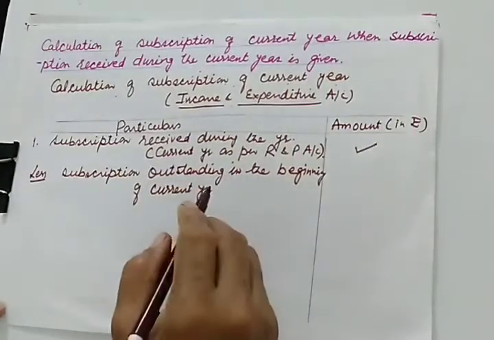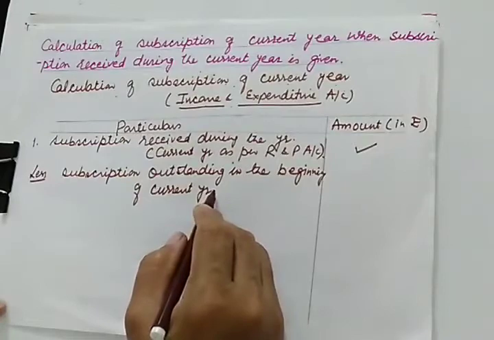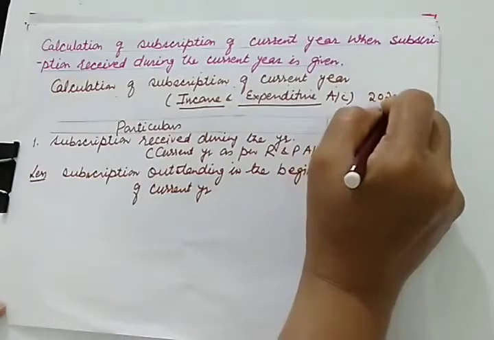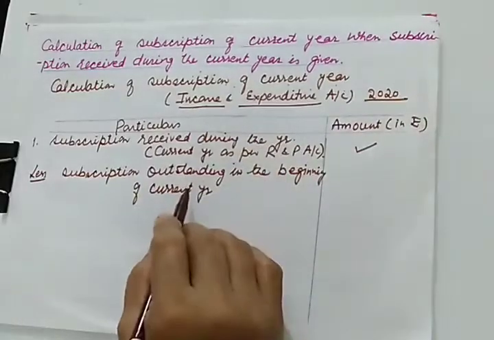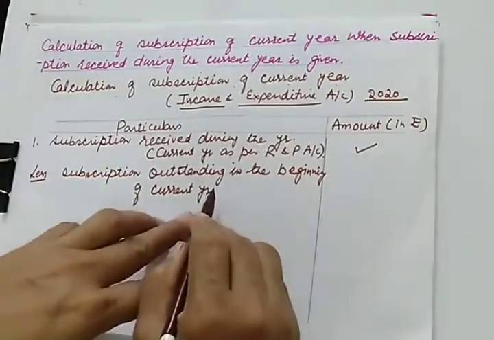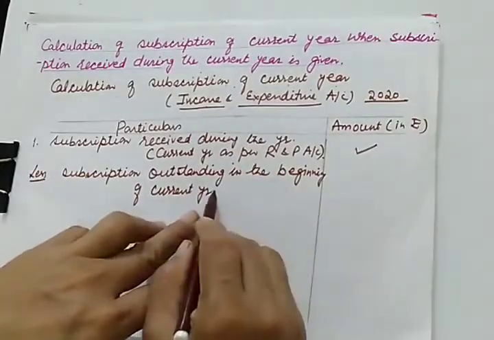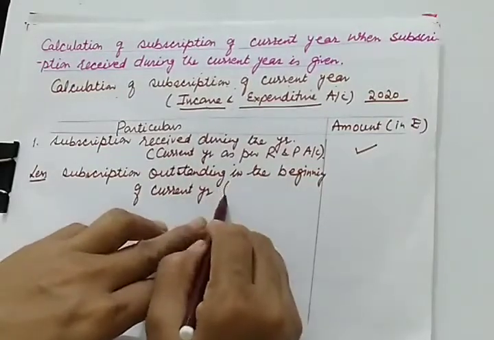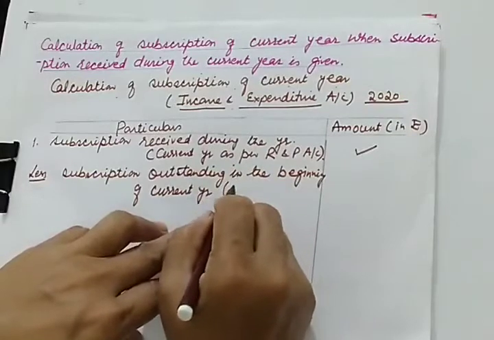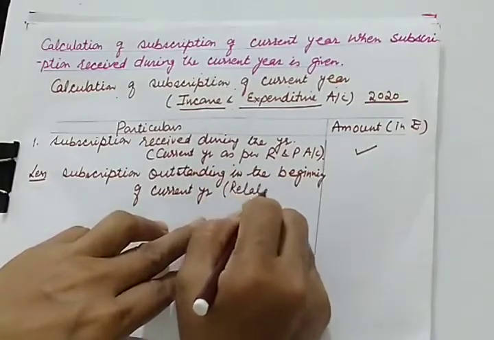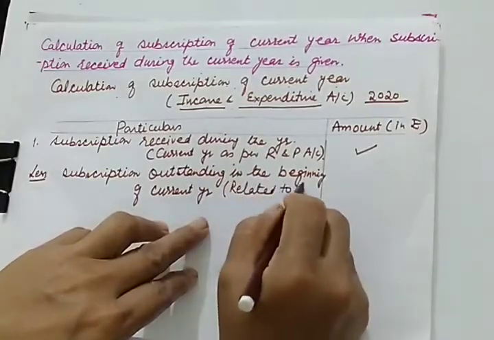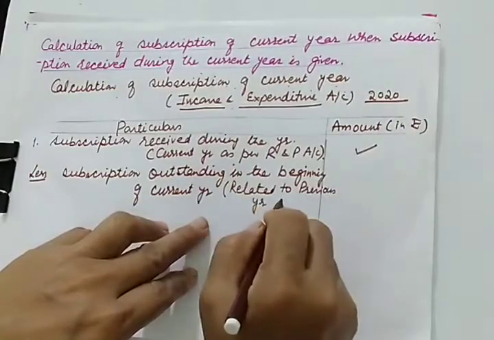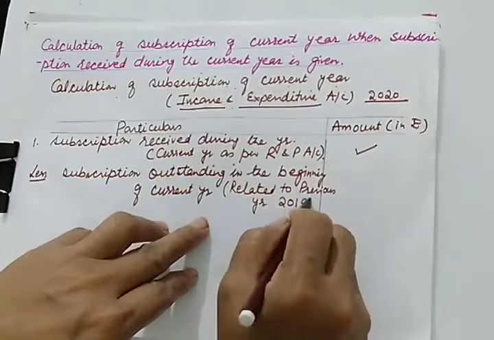Subscription outstanding in the beginning of the current year means, for example, your current year is 2020 and you are in the beginning of 2020, means on 1st April there is some subscription outstanding. So this subscription is not related to the current year, this is related to the previous year, or you can say that this is related to 2019.